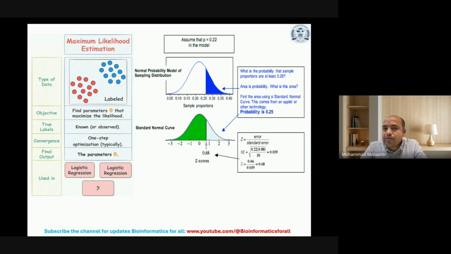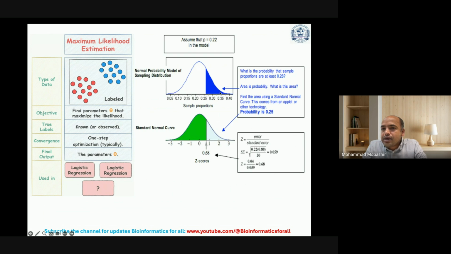Now, assume that the probability p equals 0.22 in the model, which you can see as the normal probability of the model in the sample distribution. Then you show the probability that the sample proportion is at least 0.26. The dark blue area is the probability.